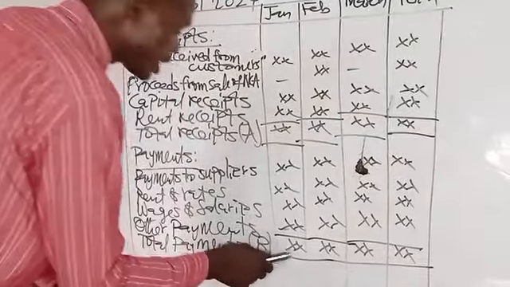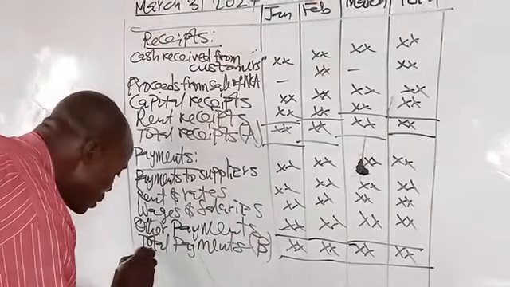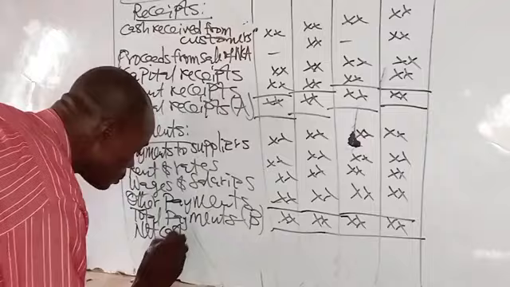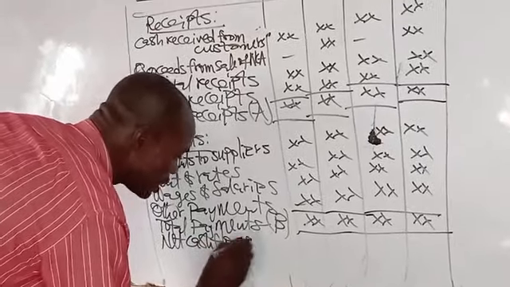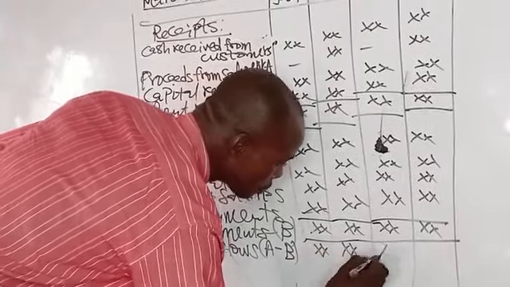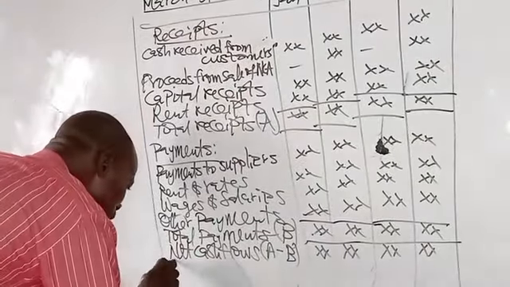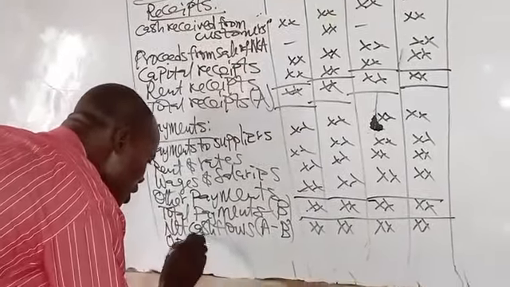You now subtract your total payments from the total receipts. You arrive at the net cash flows. That is total receipts minus total payments. After net cash flows, you have opening cash balance.